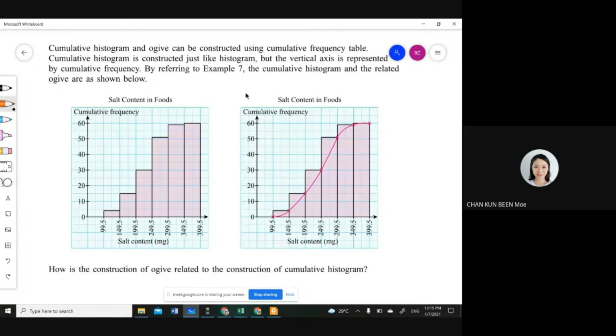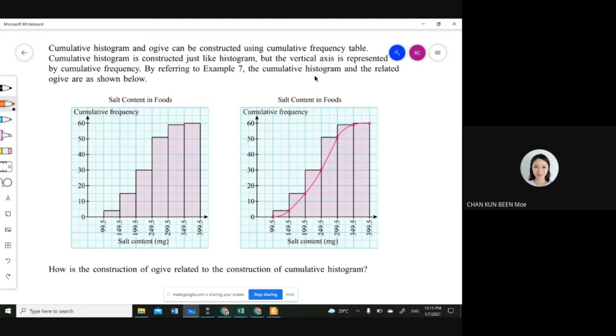The vertical axis over here is represented by cumulative frequency. Else it is represented by what? The normal histogram is represented by frequency only. That is what you have learned before. Now, they ask you to refer to example 7. Example 7 is the one that we did just now.